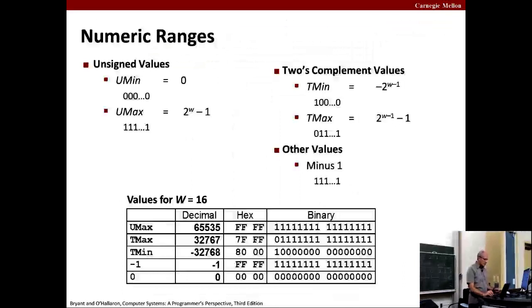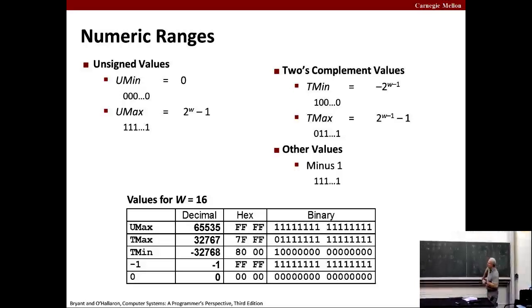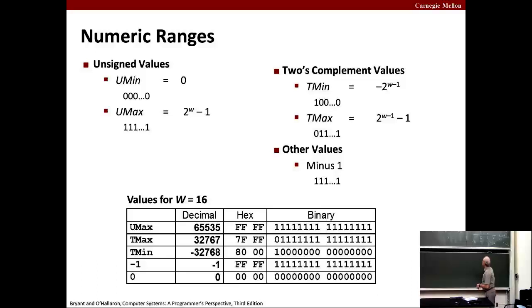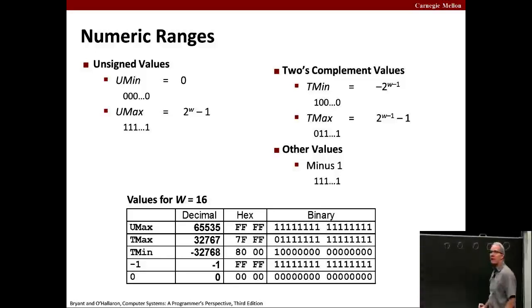So let's think about what are the extreme ranges of numbers we can get with these two different representations. So obviously, if these are all zeros, my number is going to equal 0.